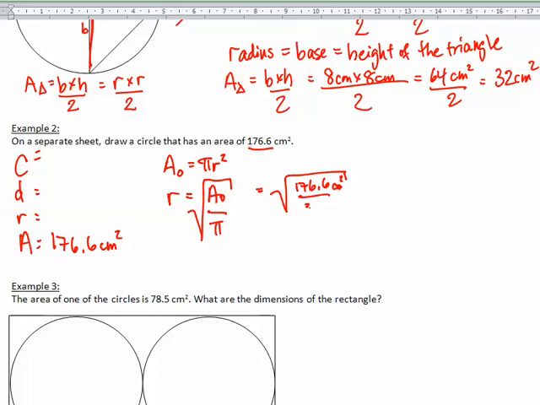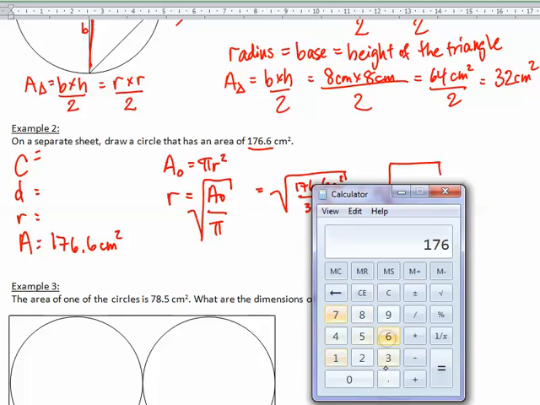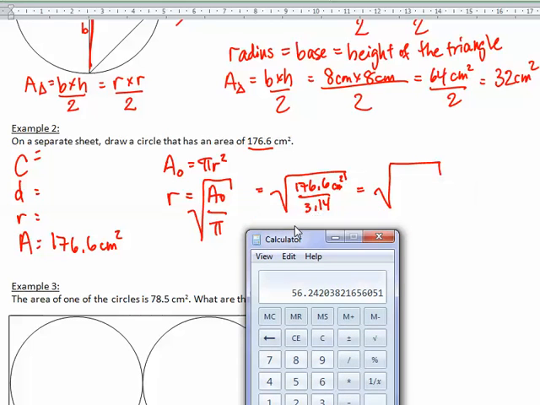So this is the square root of, and I get 56.242. Is that correct? Always check again.